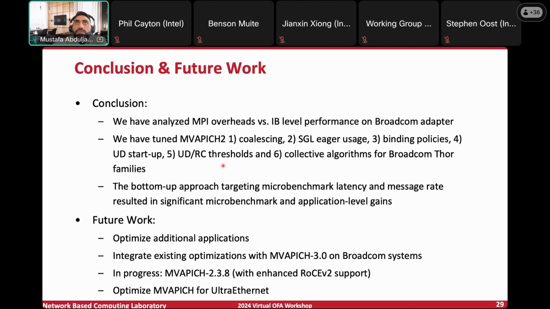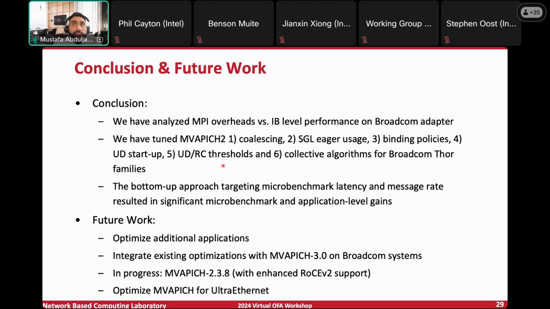So in conclusion, we have analyzed the MPI overheads versus the IB level performance on the Broadcom adapter. We took a bottom-up approach. We have tuned existing parameters and also introduced new parameters for the MVAPICH 2.3.x series or 2.3.7 series.